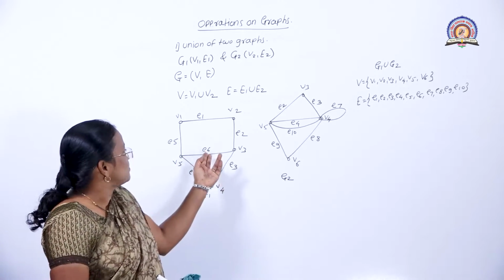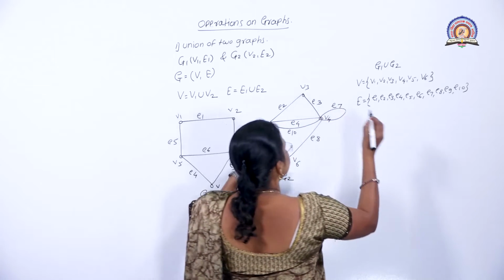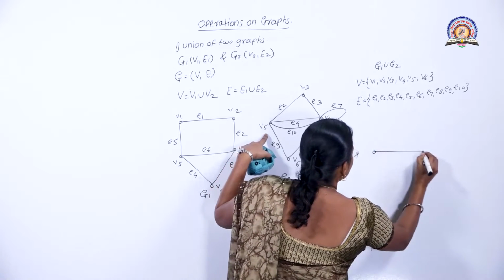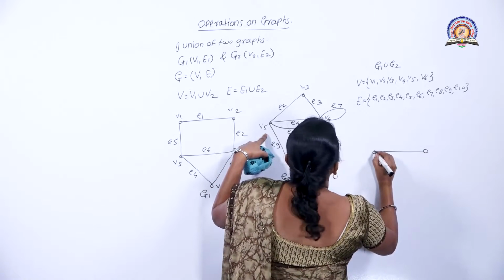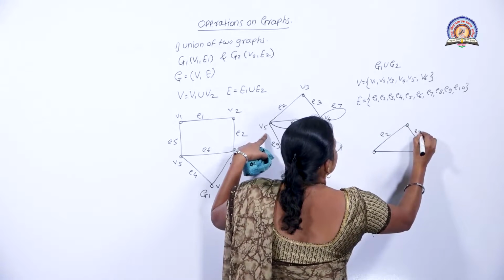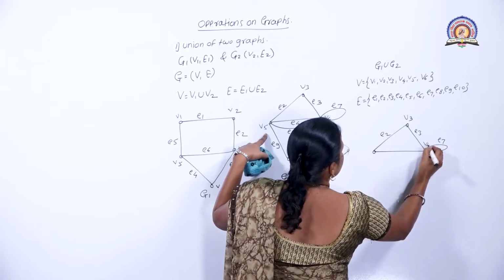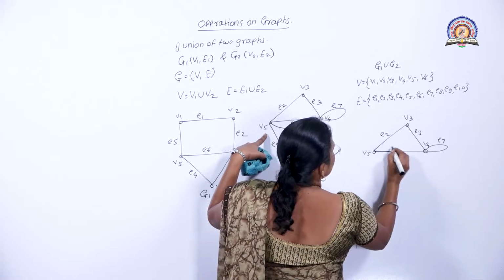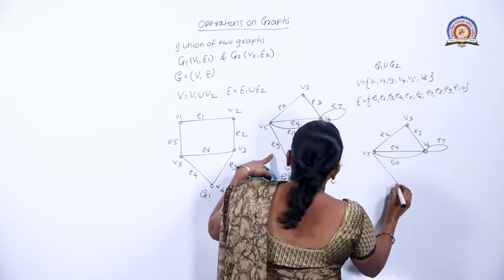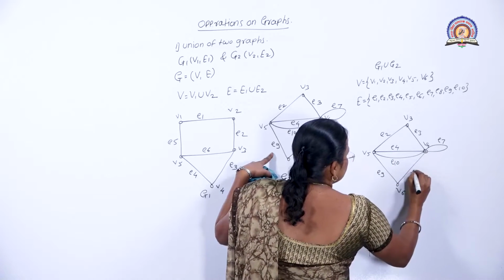Here both graphs are not so complicated, so for convenience suppose I draw the G2 graph first, as it is, with E2, E3, V3, E7, V4, V5, E4, E10, V6, E9, E8.